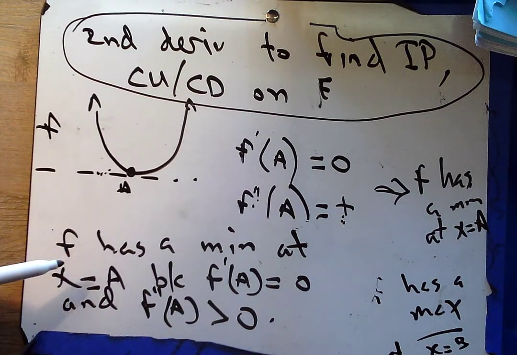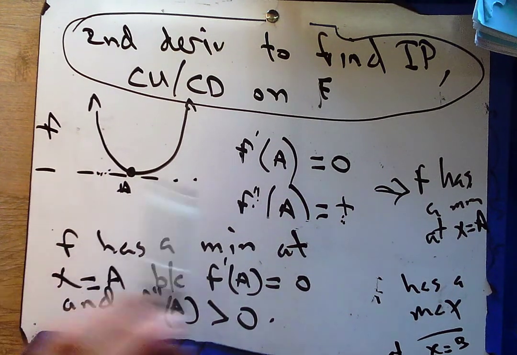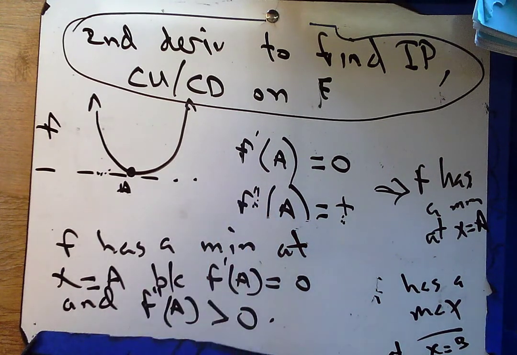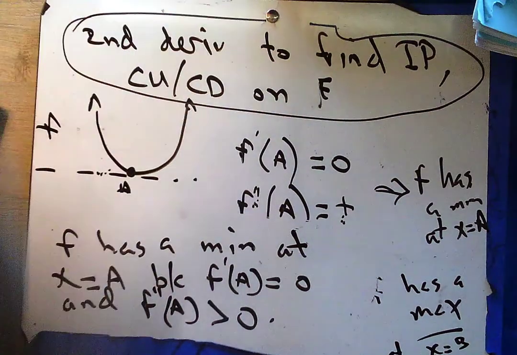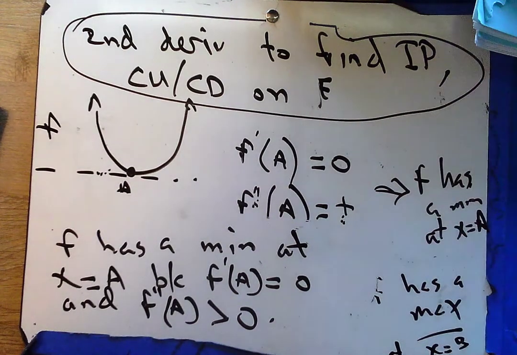Now this feels like a lot less writing than our normal justification for a max or a min, which seems like maybe we should do this instead, except that this requires me to find f double prime first. And sometimes finding f double prime is just going to be so much work. It's just going to be so much easier just to write our first derivative test justification, which is when we see that sign change on f prime and write a sentence about it. Okay. Second derivative test. It's real. It's not going away.